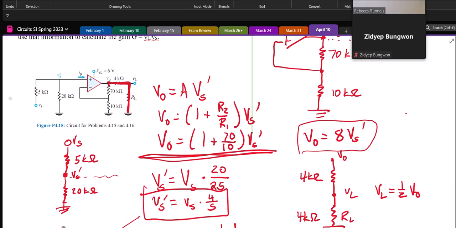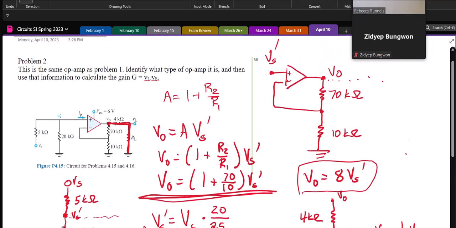Because this was the non-inverting amplifier, it gave me that A equaled 1 plus R2 over R1, and that relates VO with VS. In this instance, that is VO, but this was VS prime. Then I plugged in my values for R2 and R1, so 1 plus 7 was 8, so VO equaled 8 VS prime.